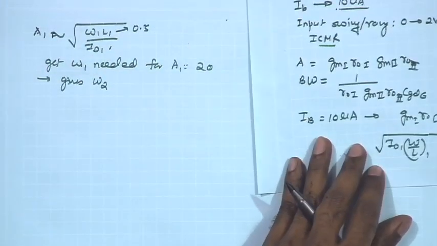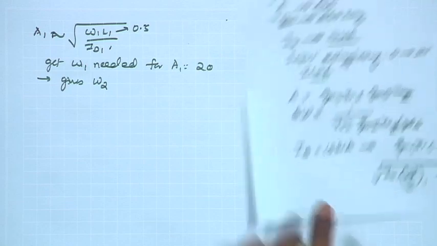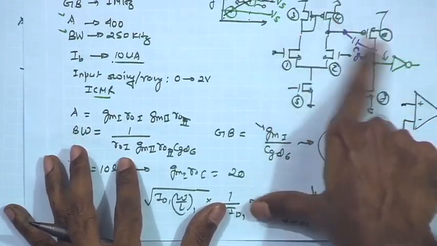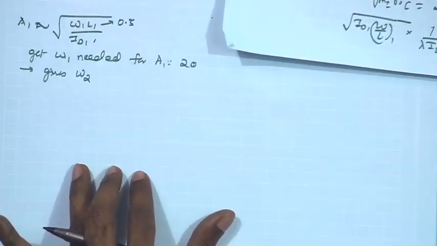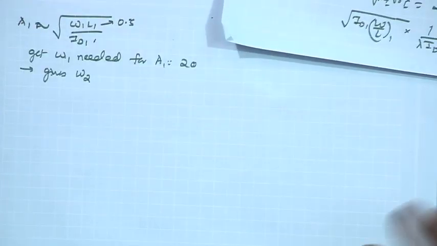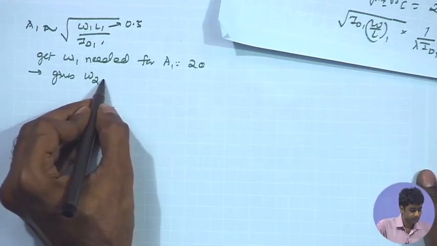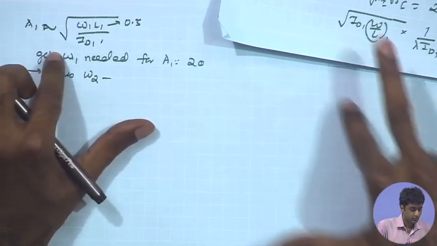It also gives the W of M6, because the GMs are taken to be almost similar. So, it also gives me the W2 of M6, and I have the L of M6 taken as the same value.